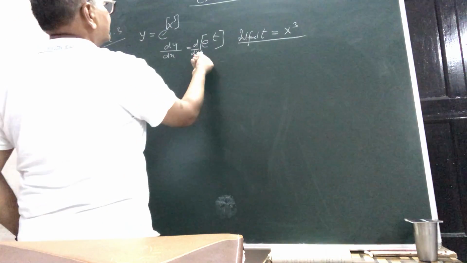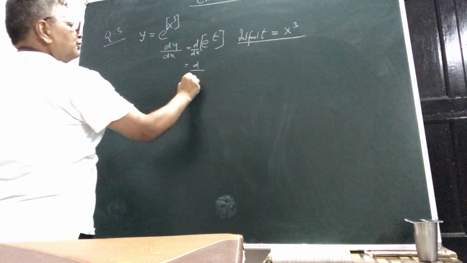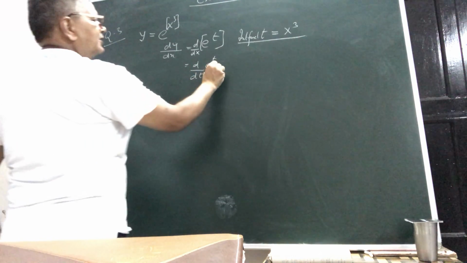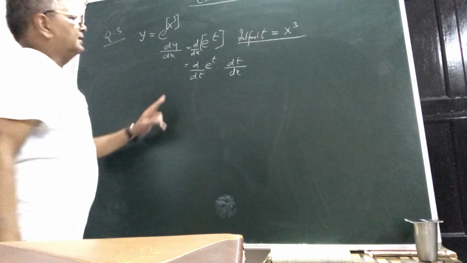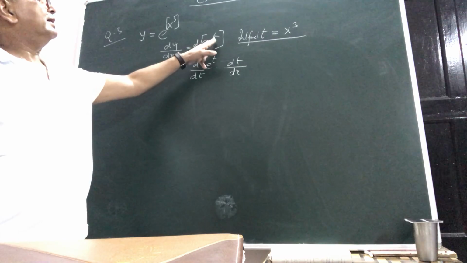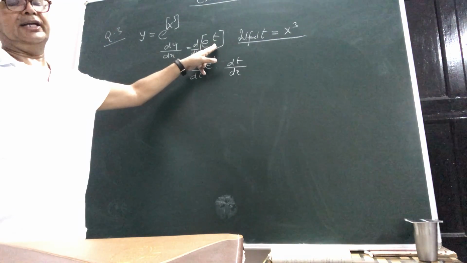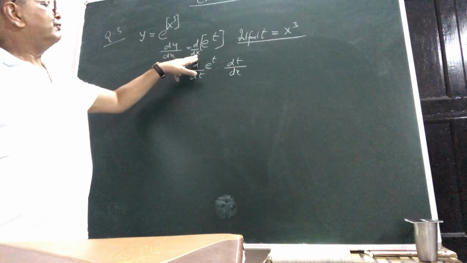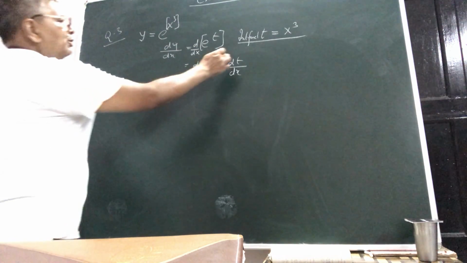So with this understanding, first you differentiate the external function with respect to the internal function, and dt by dx. For remembrance it's important. When you have made a substitution t, then in this d by dx you first differentiate with t and then t with respect to x.